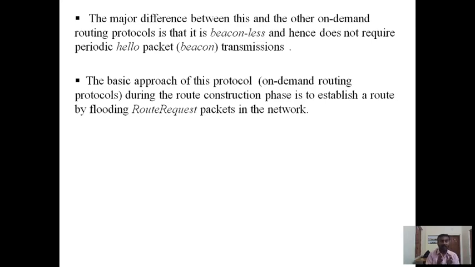If those packets are received by all the other nodes, that situation is called flooding. In the on-demand routing protocol also we use this approach. In the route construction phase, to construct a route from source to destination, the route request packets are flooded, that means distributed to reach all the nodes in the network.